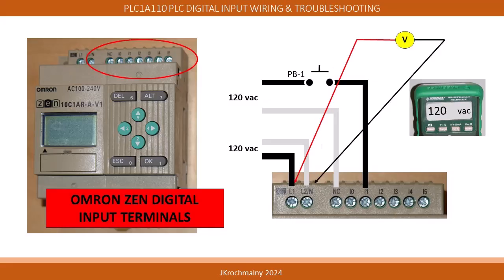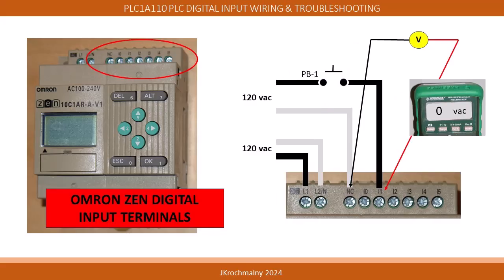Our voltage configured multimeter can measure the applied voltage that operates the PLC by placing the meter leads across L1 and L2 to neutral. If applied voltage is present, 120 volts AC will be measured. As previously shown, we can measure voltages appearing on the input terminal marked I1 in reference to the NC terminal.